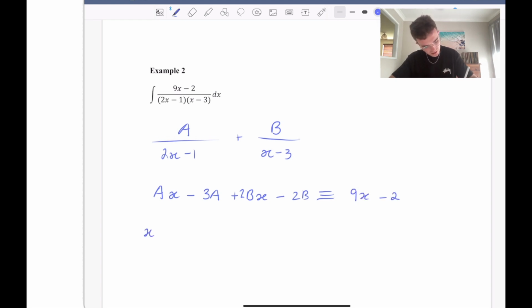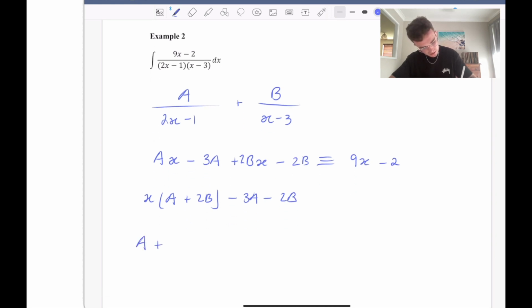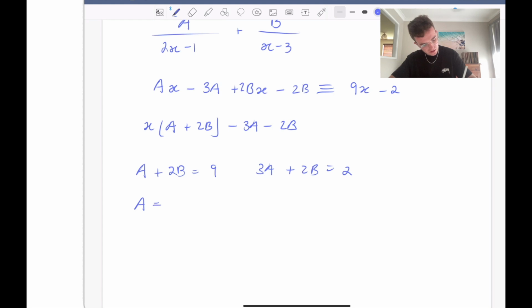Now let's equate coefficients. For x, we're going to have a plus 2b, and then minus 3a minus b. So that means a plus 2b has to equal 9, and we might say 3a plus b has to equal positive 2 by getting rid of all of those negatives. So from this we can see that a is 9 minus 2b, which means that 3 lots of 9 minus 2b plus b equals 2.